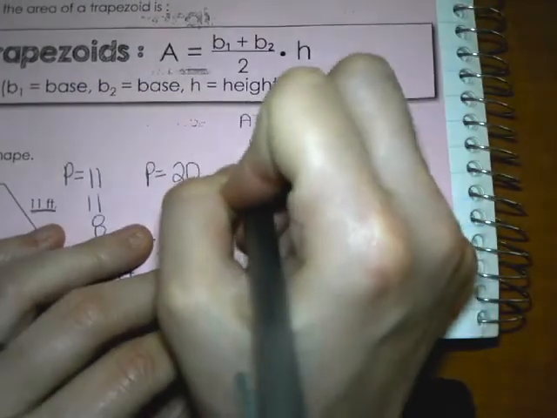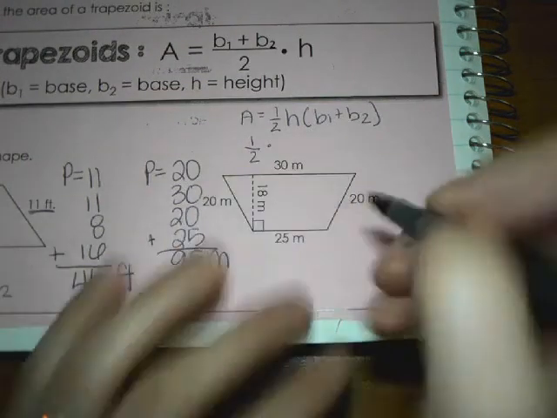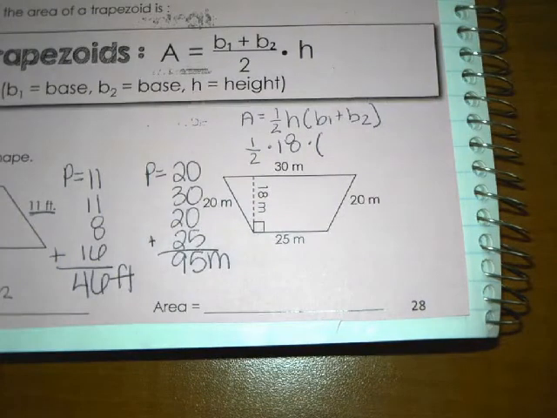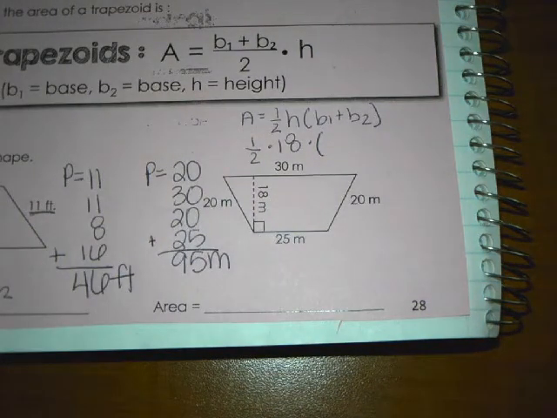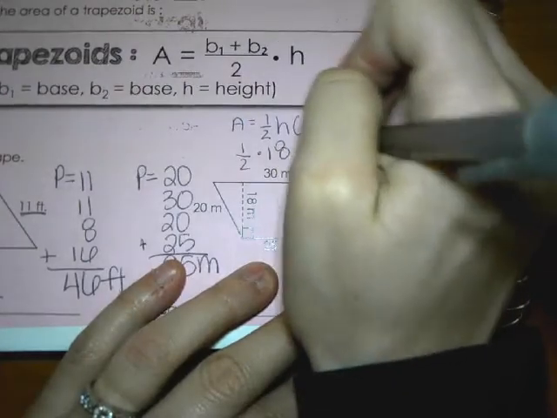So it's 1/2 times the height. What's my height, you guys? Plug in the height. Then plug in your two bases inside parentheses. What are my two bases? Does it matter the order in which I write those bases? No. So we write 30 plus 25.